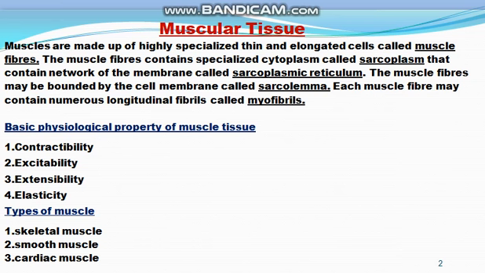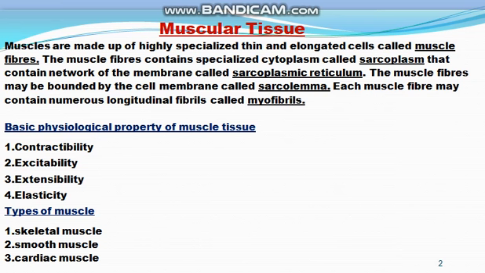So muscular tissue is made up of cells which are called muscle fibers, and the muscle fibers contain specialized cytoplasm called sarcoplasm, which contains a network of the membrane called sarcoplasmic reticulum. And the muscle fibers may be bounded by the cell membrane called sarcolemma, and each muscle fiber may contain numerous longitudinal fibers called myofibrils. So this is muscular tissue.